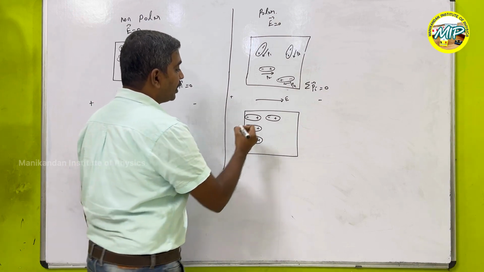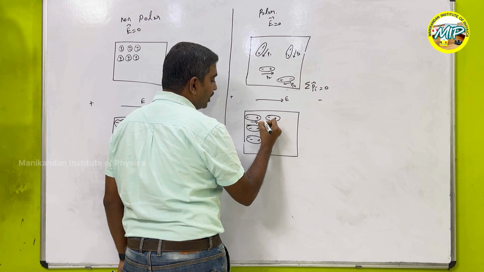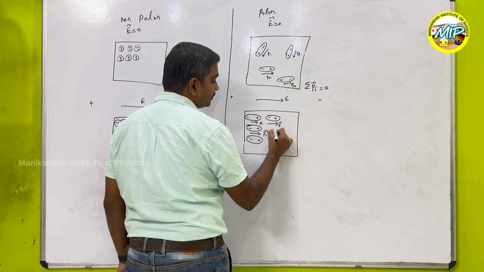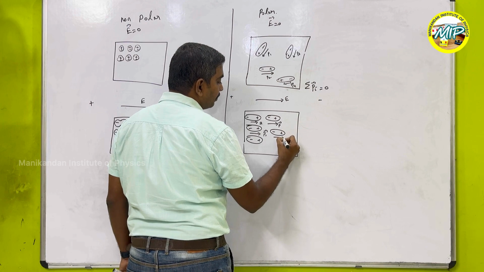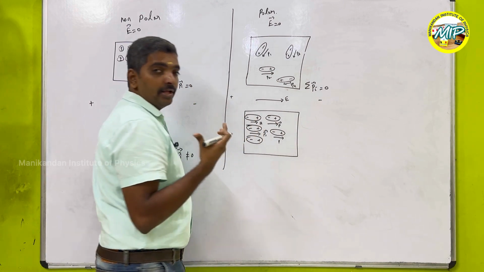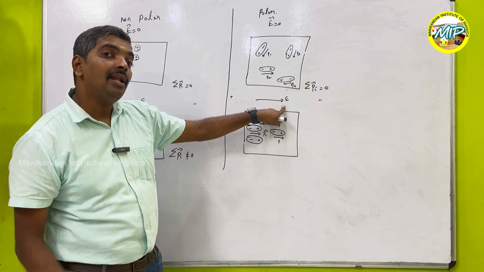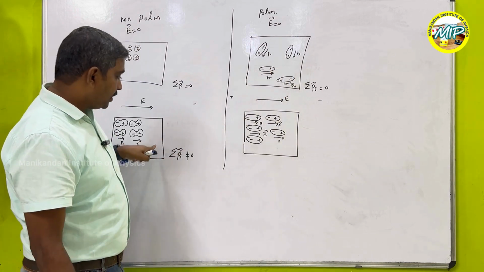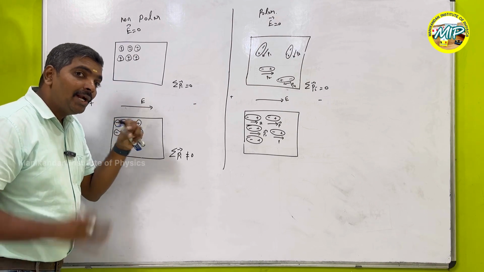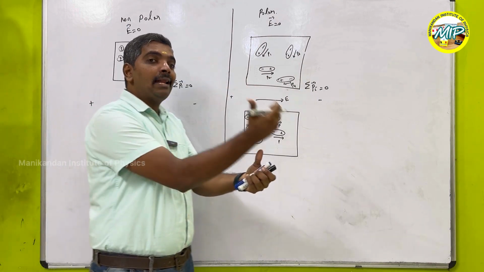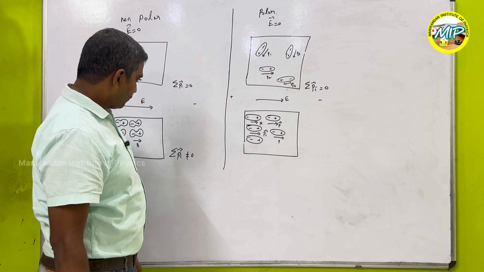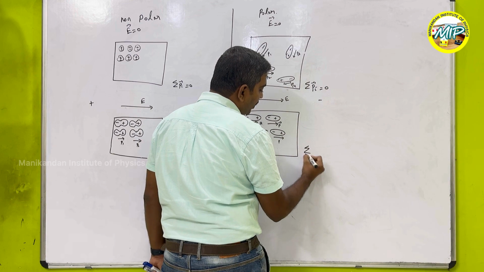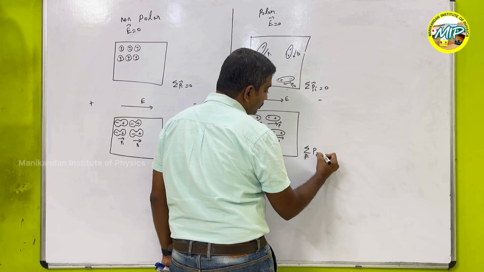The dipole moments produced are the P1 vector, P2 vector, P3 vector and P4 vector. Listen carefully: the work done by the external electric field is only to align these individual dipoles. In the non-polar case, the work done by the external electric field is to create the dipole moment and the alignment. So in this case also, my net dipole moment, the sum of Pi from 1 to n, is not going to be 0.